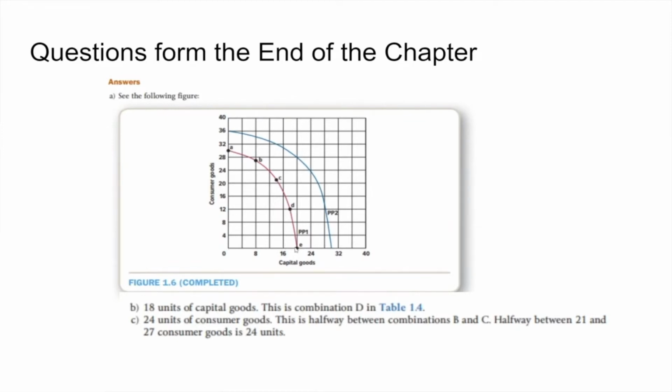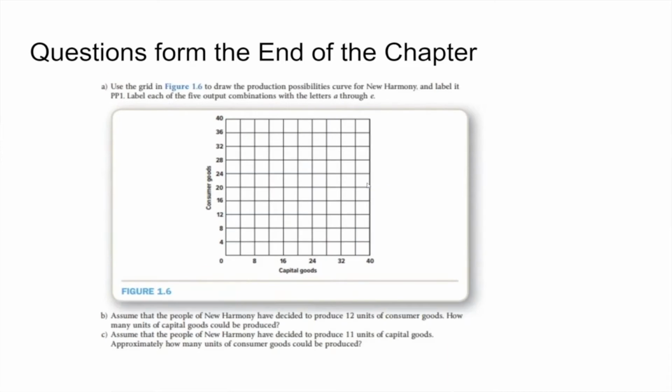Assume the people of New Harmony have decided to produce 12 units of consumer goods. How many units of capital goods could they produce? I'm going to do this 2 ways. I'm going to look at the numbers first, okay? So if we go over here and we look at consumer goods and we find 12 units of consumer goods, they can make 18 capital goods. 12 equates to 18 capital goods.